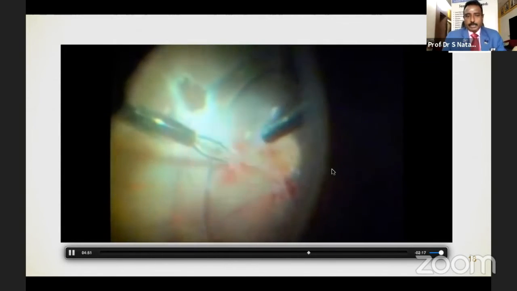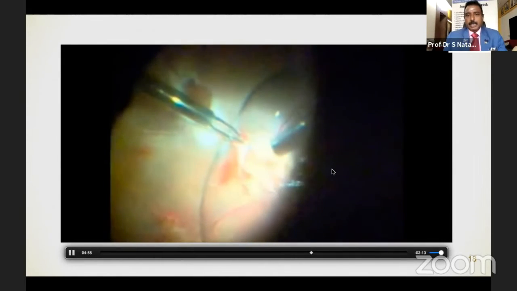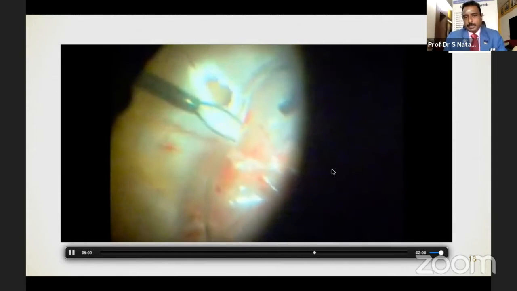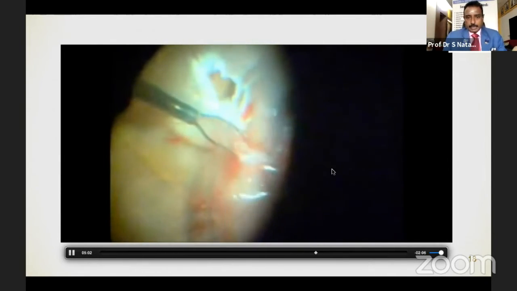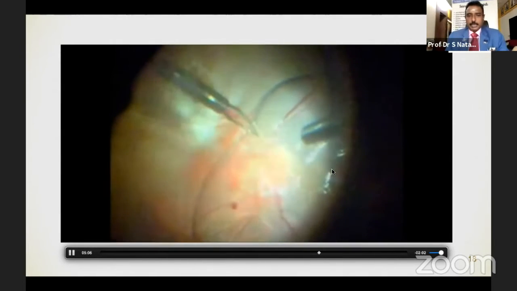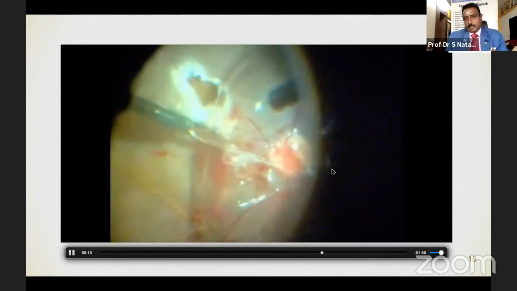So I'm using PFCL up to the fibrous break, which is on the nasal side. I'm now using the PFCL as a third hand, and then using a vitreous forceps to grasp the membrane and sever the attachment. So I'm judging how adherent it is by lifting the fibrous tissue.